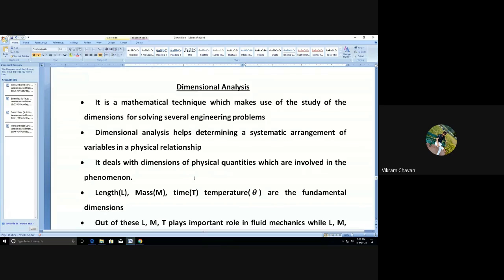So dimensional analysis is very useful to determine the significance of a particular variable in the equation. It is also useful to determine dimensionless numbers and their significance. Then it is also helpful for model testing.